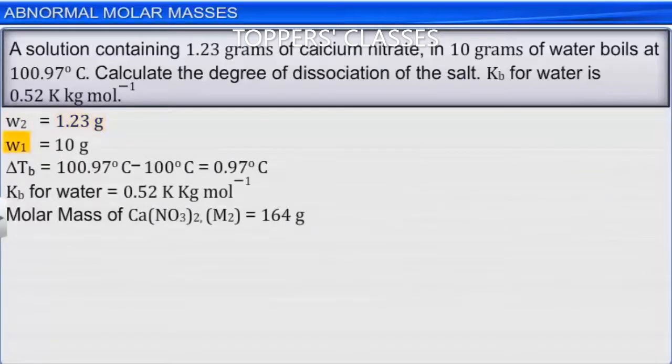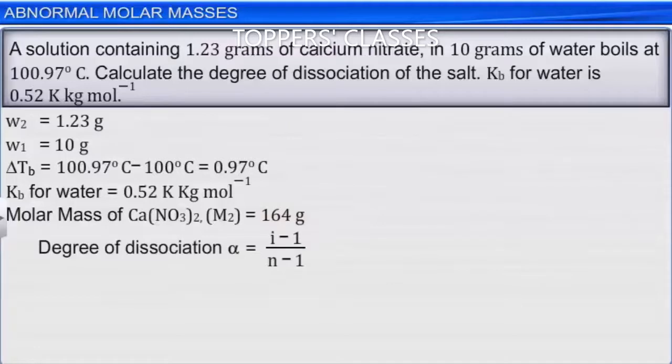W1 is equal to 10 grams. Delta Tb is equal to 100.97 degrees centigrade minus 100 degrees centigrade, which is equal to 0.97 degrees centigrade. Kb for water is 0.52 Kelvin kilogram per mole. Molar mass of calcium nitrate, M2, is equal to 164 grams. The degree of dissociation needs to be calculated.